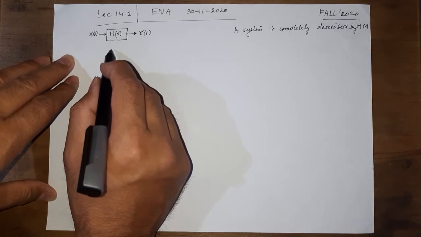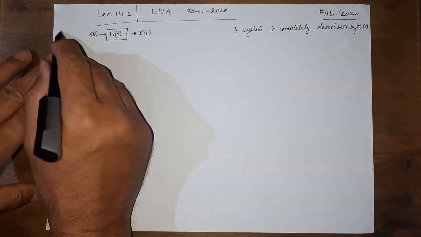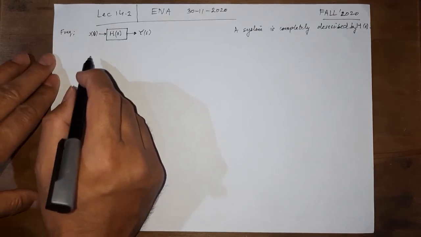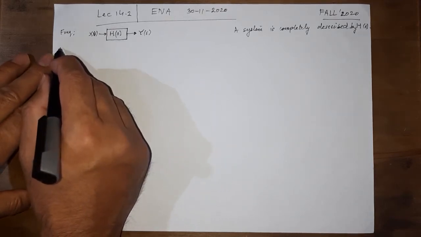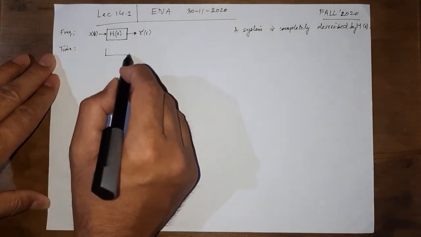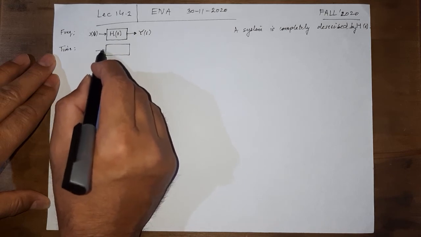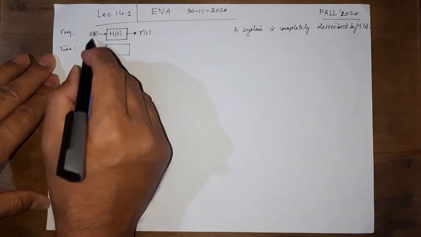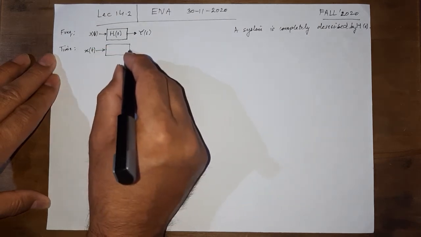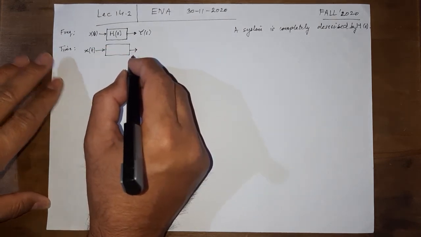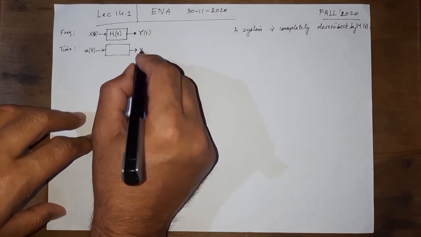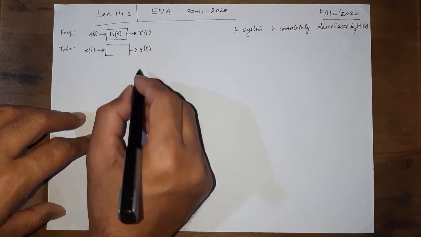And now if I ask you that this is in the frequency domain, how do we try to represent the same system in the time domain? We need a box here. The input now in the time domain is obviously the inverse Laplace transform of x of s, and the inverse Laplace transform of the output is y of t.